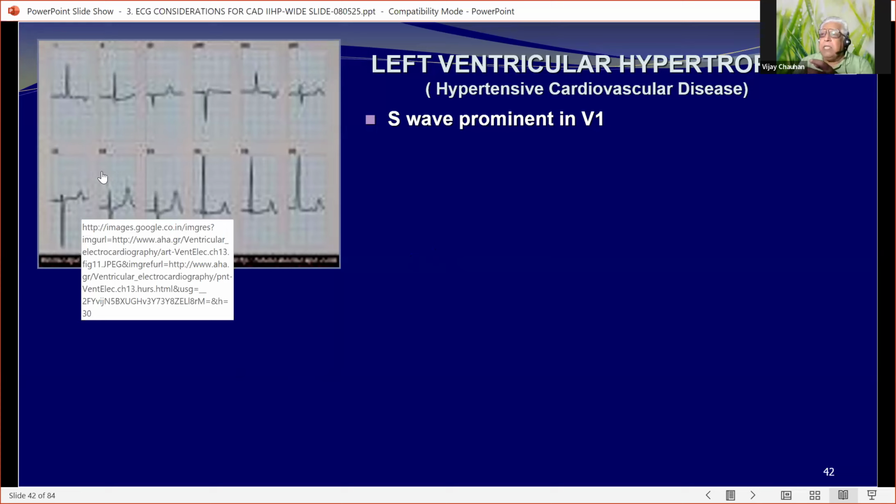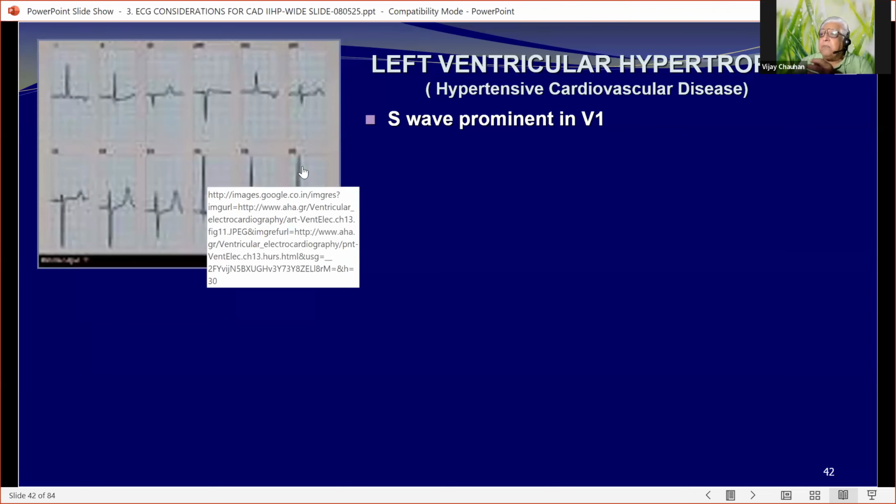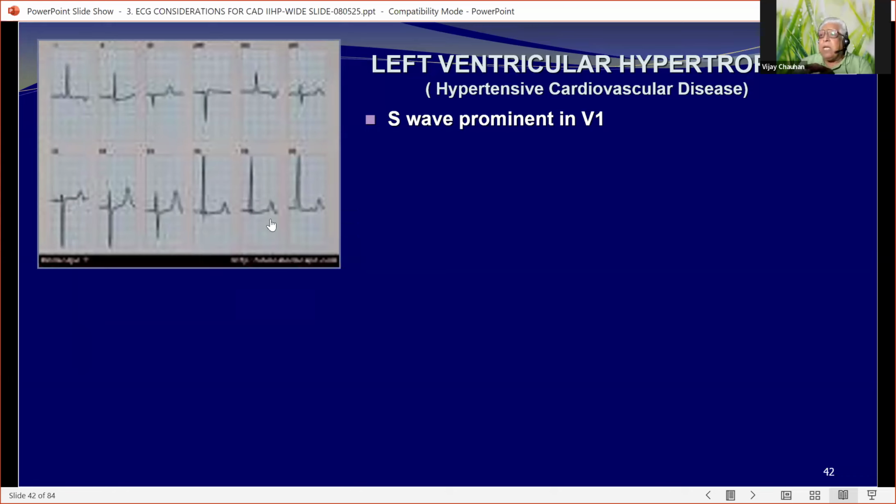Here again, in V2 we find right ventricular activity, R wave is slightly prominent, and in V3 R wave is still prominent, but suddenly you will find the R wave becomes much more in V4, V5, and V6. And V4, V5, V6 look into the left ventricular muscle mass.